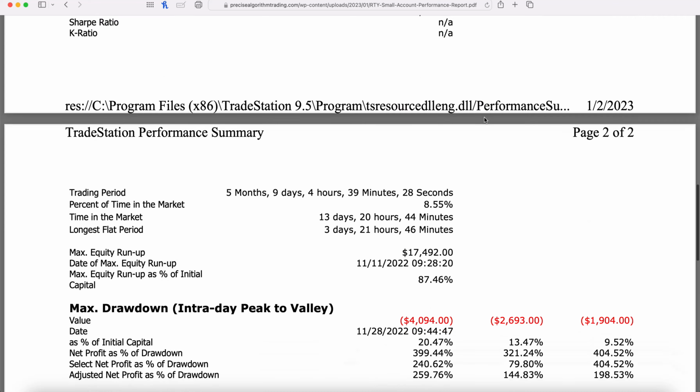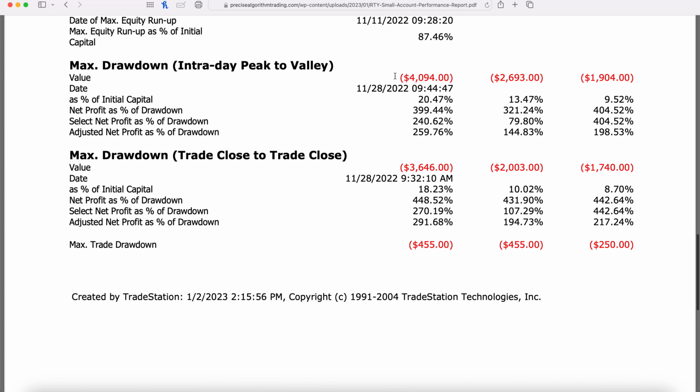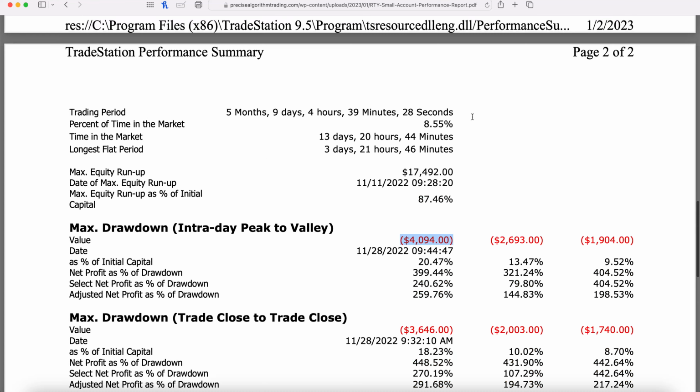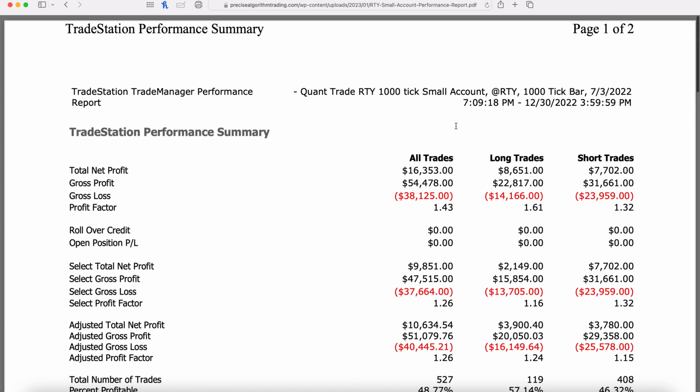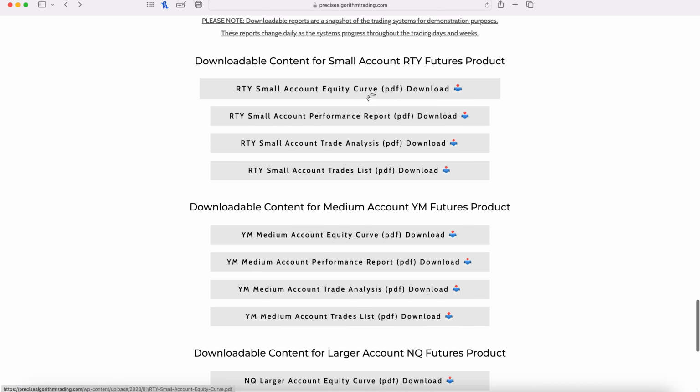You have to have your largest drawdown, which is this, times 3 or 4. 4 is more conservative, and if you go 4 times this, you should never go wrong, because our max drawdown here is $4,000.